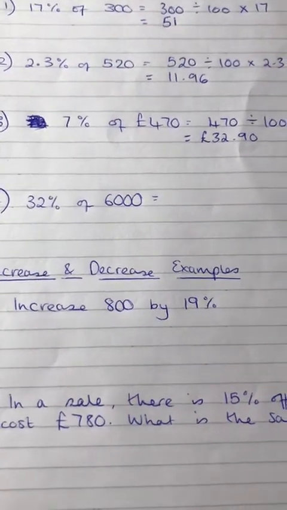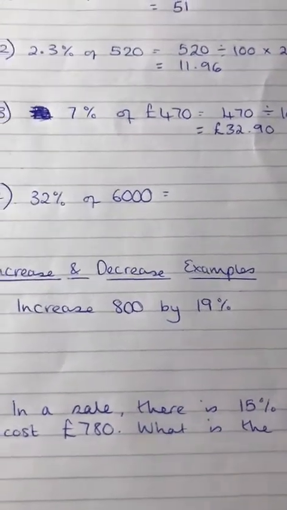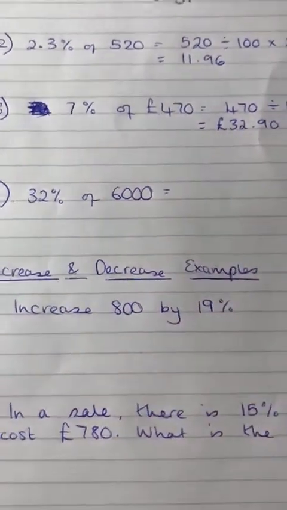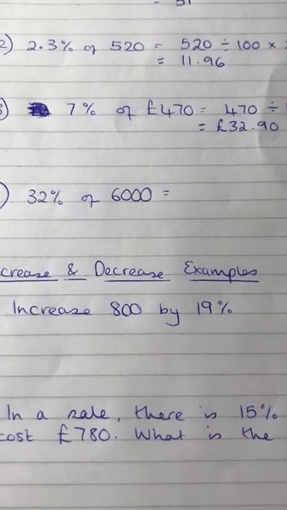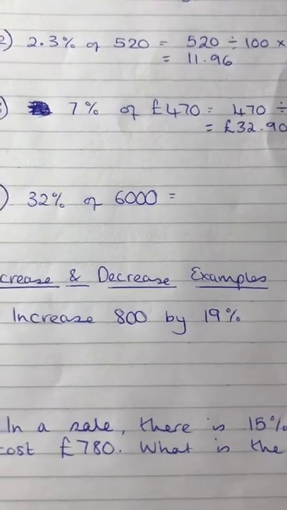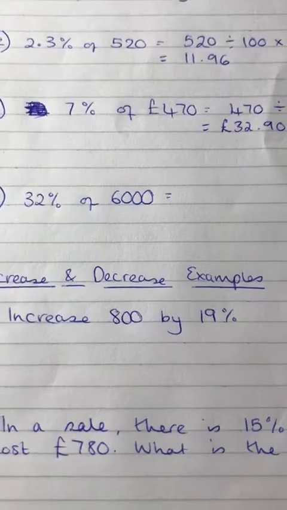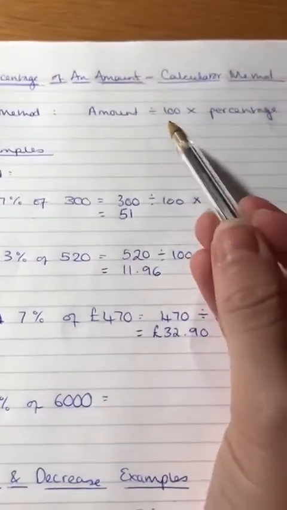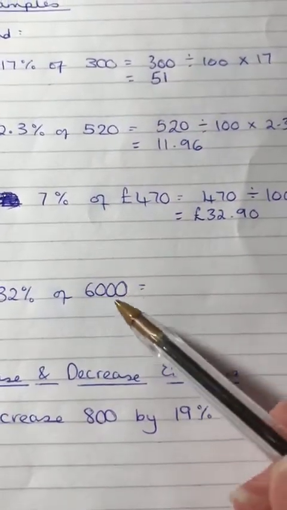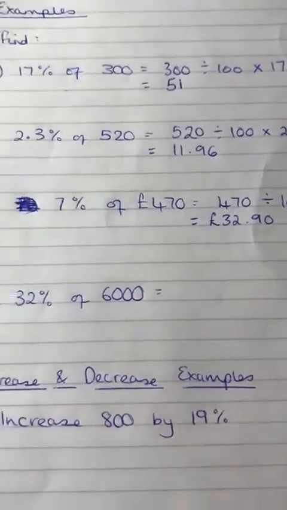Okay, final example in this section is finding 32% of £6,000. Now the reason why I've put this one in is because often pupils do ask, because they're dealing with a much larger number now, up in the thousands, or sometimes up in the 10,000s or 100,000s, should you be dividing by say 1,000 or 10,000, etc., rather than the 100? But it always remains the same. It doesn't matter how big this amount becomes, you always divide by 100.